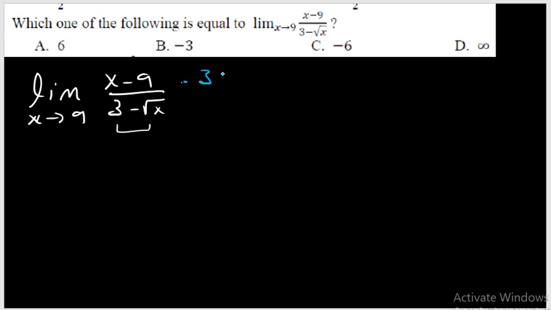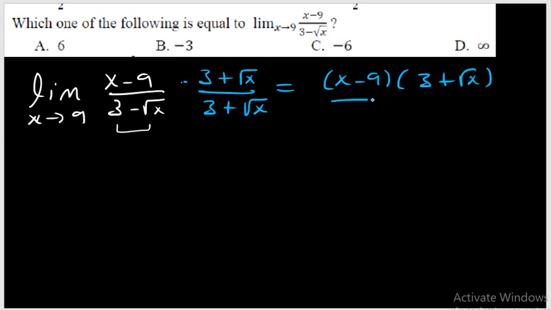Multiply by 3 plus radical x, the whole over 3 plus root x. The upper part is x minus 9 as it is, times 3 plus root x, nothing will happen. But the lower part, when you multiply, like a minus b and a plus b, it will be a squared minus b squared, so 3 squared will be 9 minus x. Now when you look at the numerator and denominator, x minus 9 and 9 minus x, we can extract a negative and exchange the places.